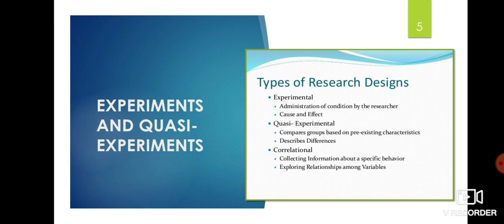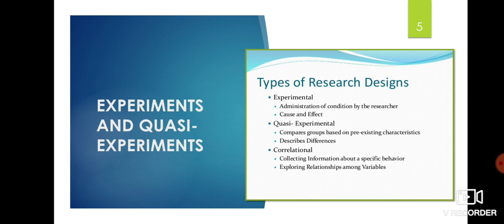Okay? And also, in true experimental study, we could actually randomize our subjects. Pwede natin silang ilagay kahit sa anong treatment condition. Pero, pag hindi natin magawa yung dalawang yon, we tend to just do the quasi-experimental study. Instead of identifying the cause and effect, we're just going to describe the differences among our treatment conditions.